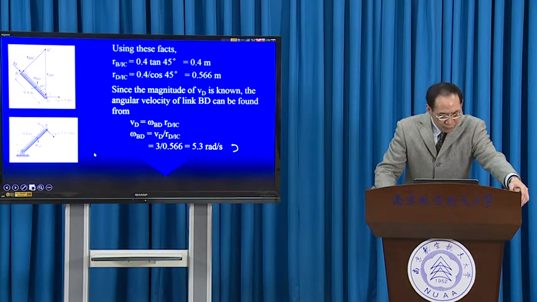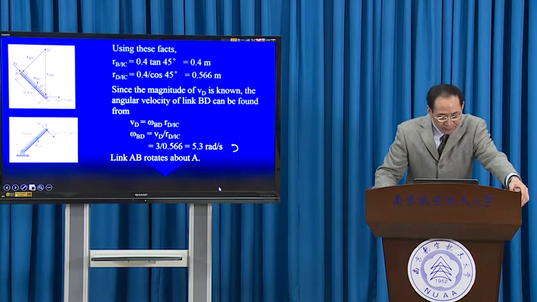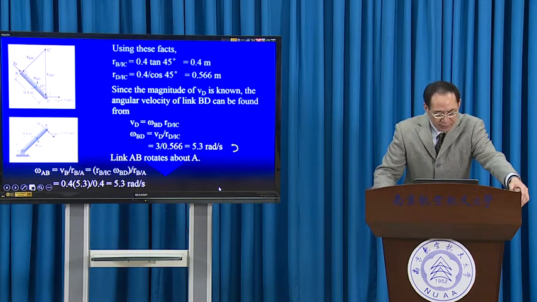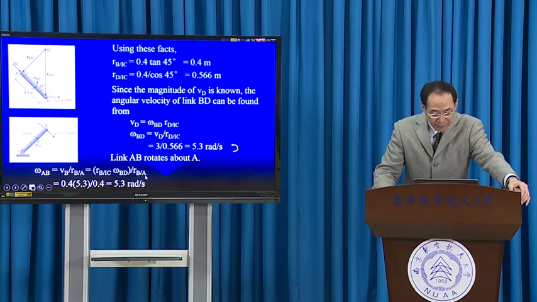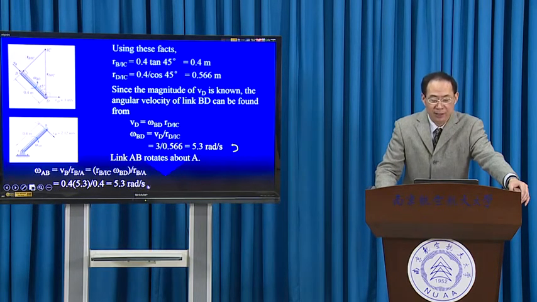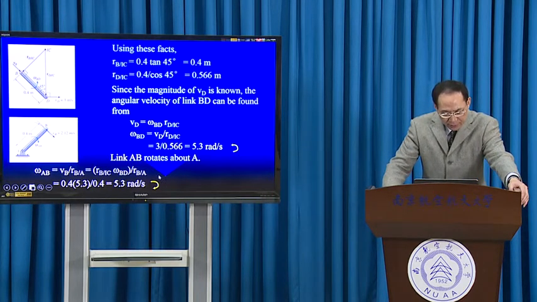Then for crank AB, linkage AB rotates about A. So omega AB is equal to VB divided by RB to A. Then use the method of instantaneous center: we can determine VB by RB to IC times omega BD, and then divide by RB to A. So finally, omega AB is equal to 5.3 radians per second, and with the sense clockwise. The second omega is clockwise.